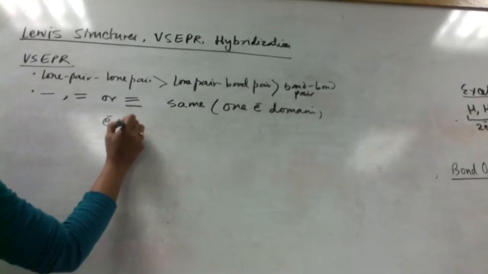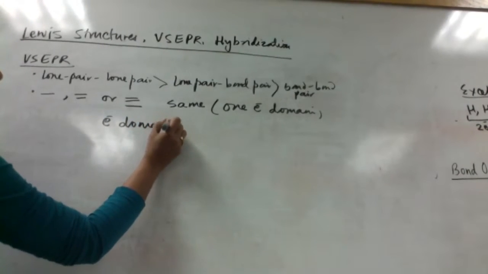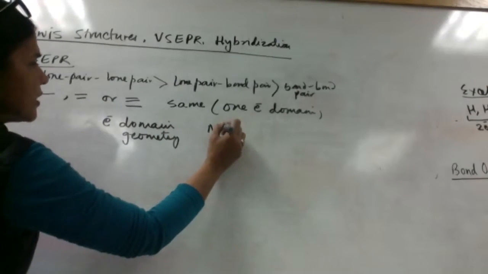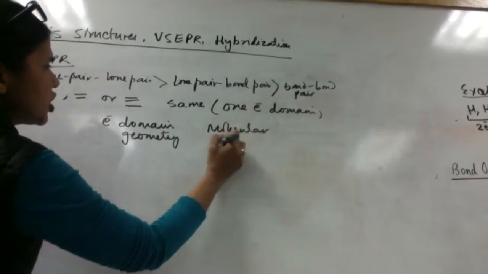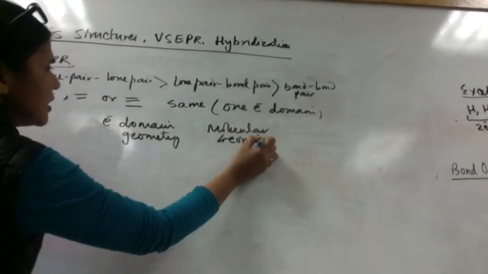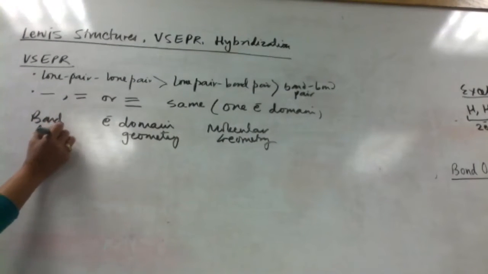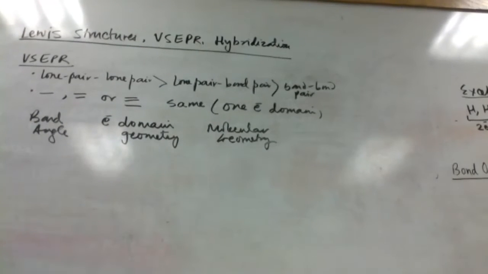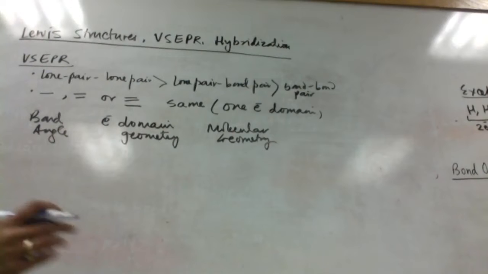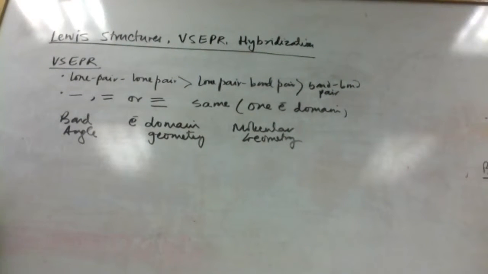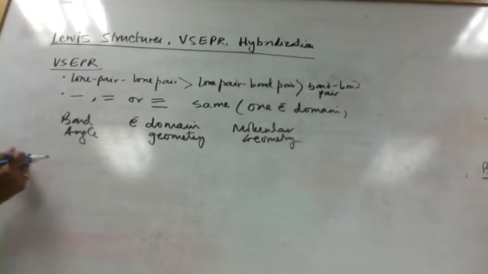So electron domain geometry, molecular geometry, bond angle. Okay, so if we have a molecule like this, you have the central atom and you have two side atoms.